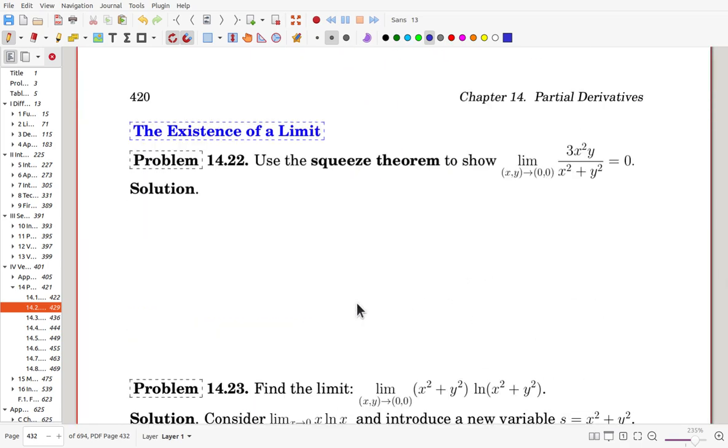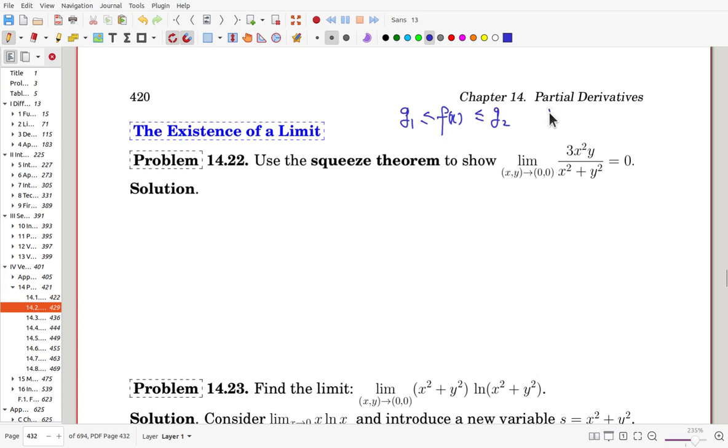Now, sometimes you have to prove the existence of a limit. One of the techniques is the squeeze theorem. The squeeze theorem means that f of x is between functions g1 and g2.